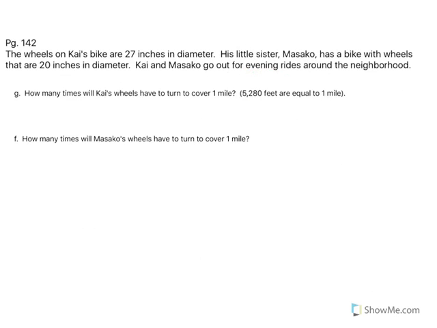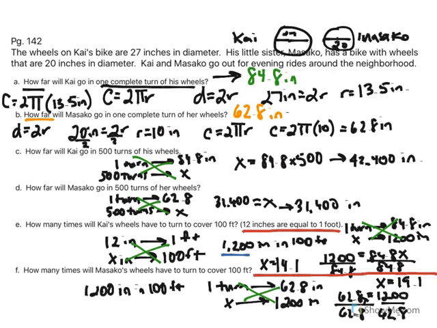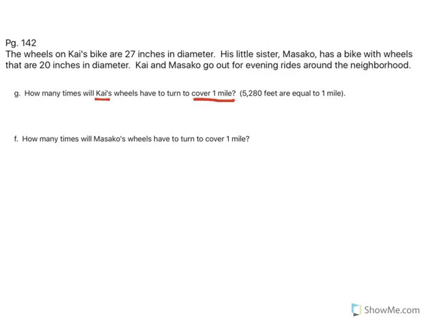And now, for the final two parts, the question says, how many times will Kai's wheels have to turn to cover 1 mile? Okay, so this time we're covering a mile, and it's Kai's wheels. All right, so we know that from the other page we're going to be using 84.8 inches as the total distance covered in one revolution of his wheel.